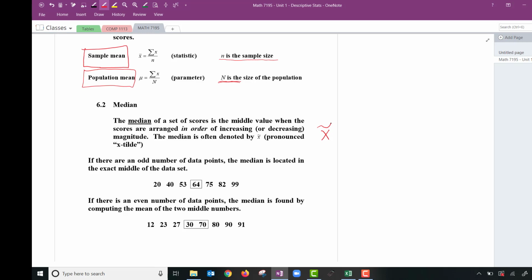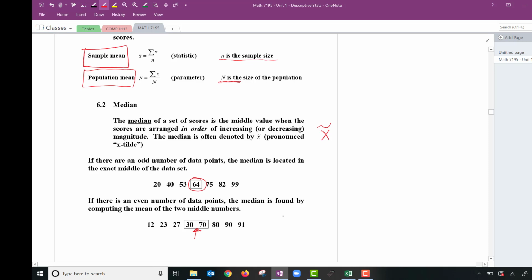To find the middle of a data set, you need to sort your values. After you do that, if you have an odd number, it's pretty easy to locate where the middle is. When you have an even number of data points, then the middle isn't quite as clear, like in this example. What we'll do is we'll take the mean of the middle 2 whenever there's an even number in your set.